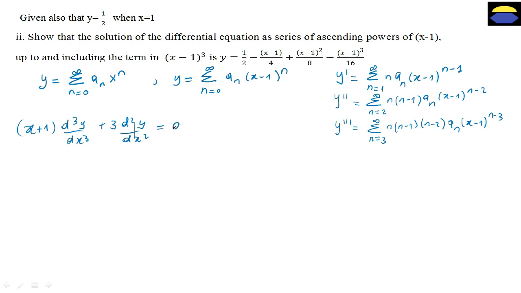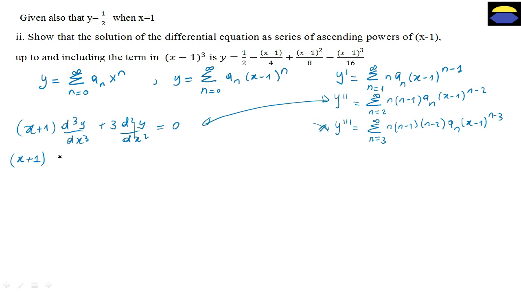So what we're going to do is take these expressions and plug them in here. So doing that, we have x plus 1. The third derivative is this one over here.